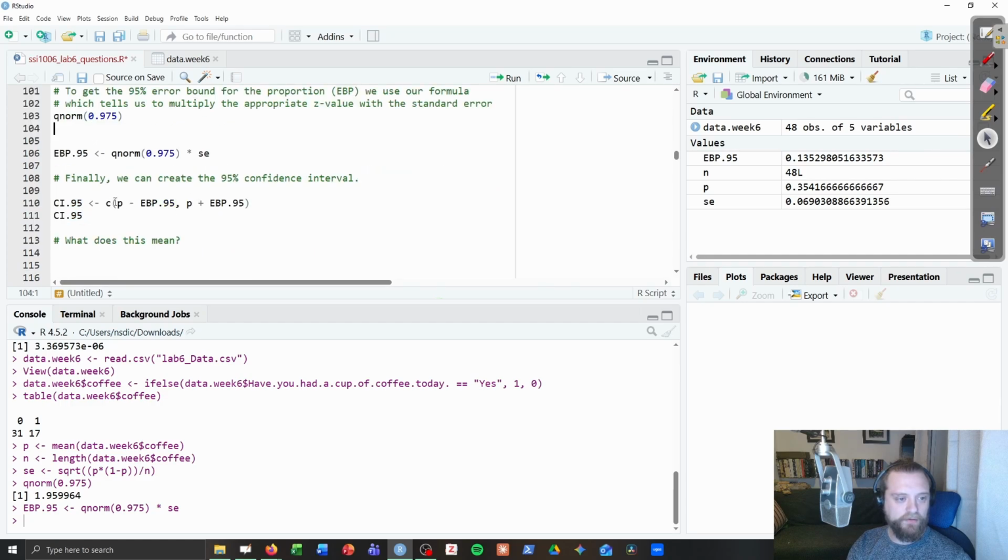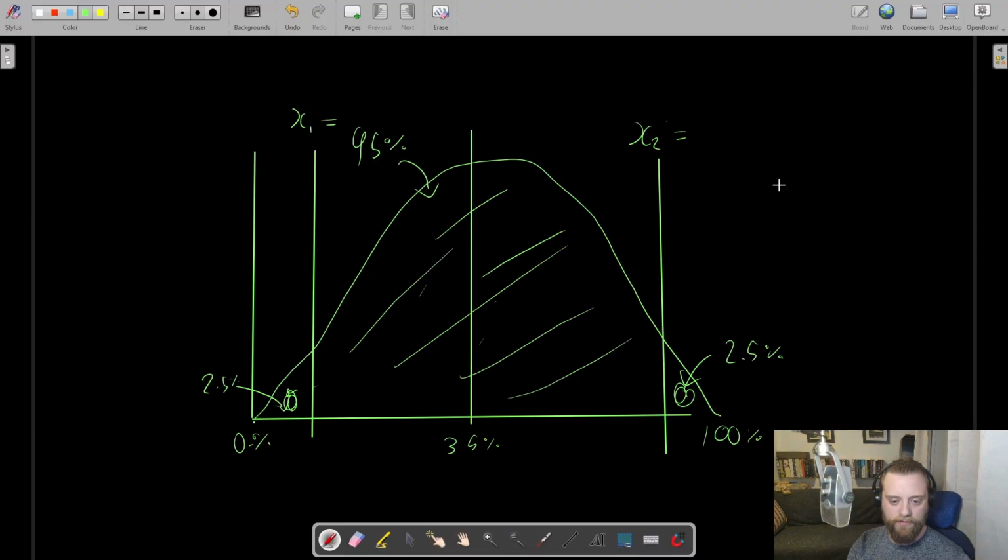Now, all we have to do then is take our proportion and subtract the error-bound proportion and add the error-bound proportion. So in other words, we just take this 0.35 and we add the EBP in this direction and we subtract the EBP in this direction.